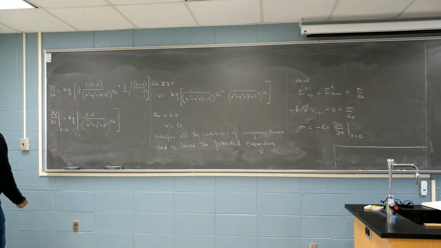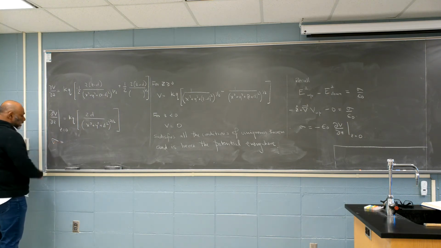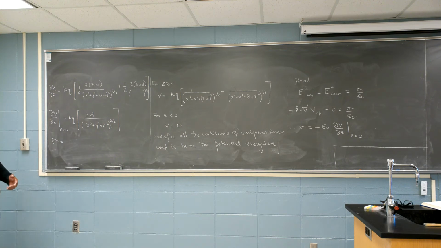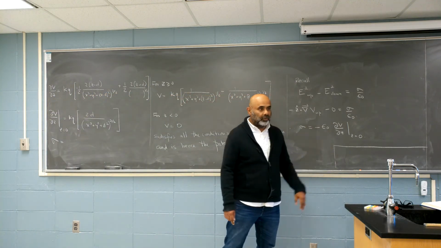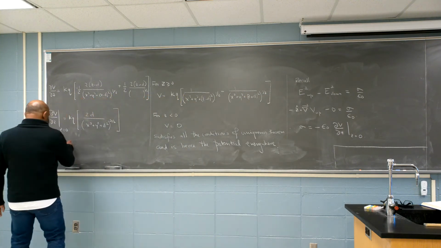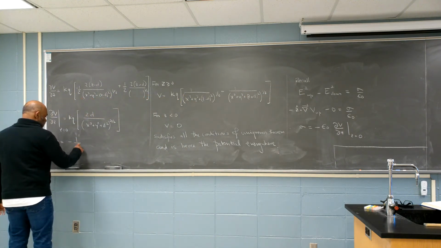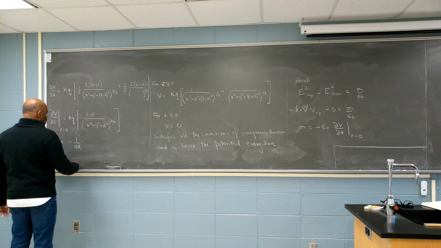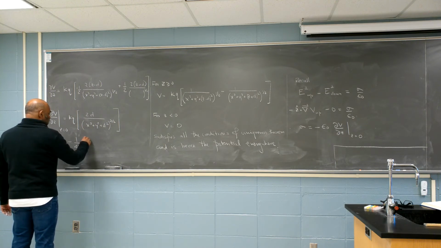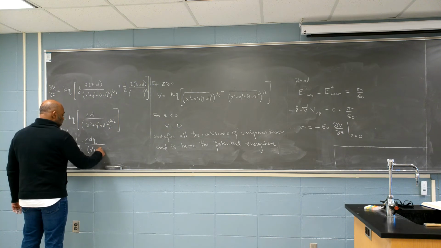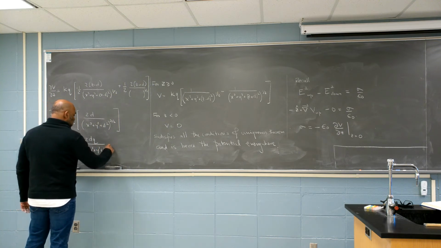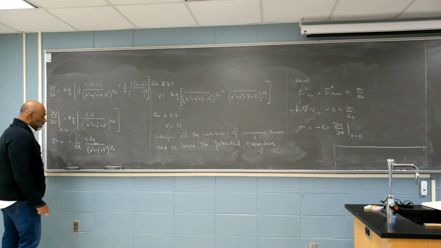Therefore, sigma equals, k is what? 1 over 4 pi epsilon naught. So k times epsilon naught is 1 over 4 pi, times 2dq over x squared plus y squared plus d squared to the 3/2.